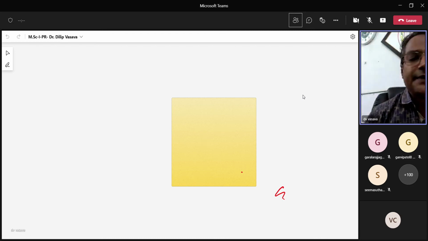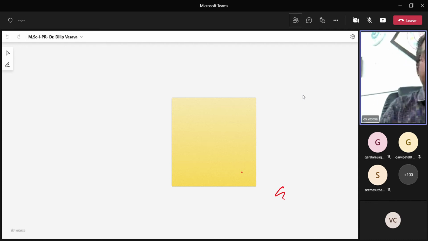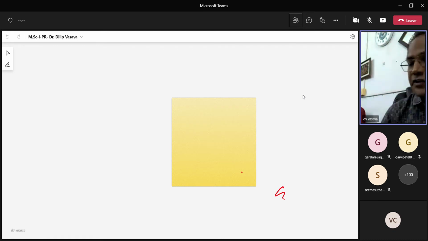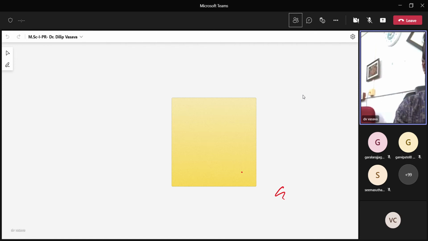Okay, got it. So now we can have the first preparation, that is the preparation of acetanilide from aniline. Now you are familiar with the structure of aniline.